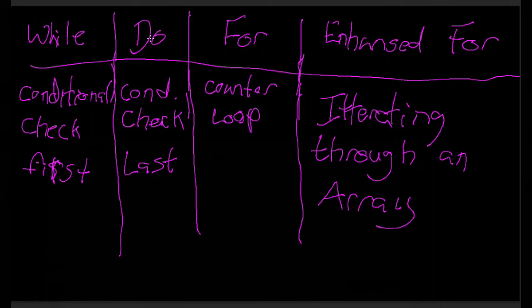So it wouldn't make sense for me to launch a game and the very first thing that pops up after launching the game says, do you want to play again? Because one, I haven't played yet. And two, why would I have launched the game if I don't want to play at least once?